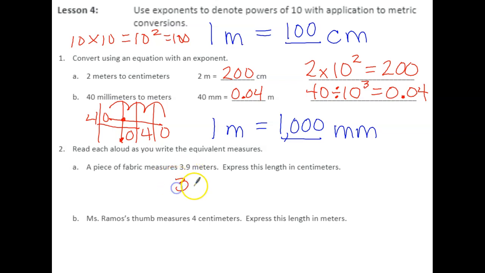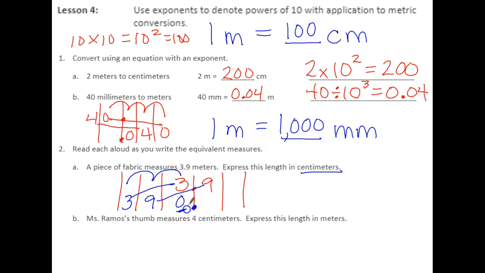Let's go ahead and write it on the place value chart. So we had to multiply by 100. We know that 3 times 10 times 10 is going to be 300. And then we say, well, 9 tenths times 10 times 10 is 90. So we know it's going to be 390 centimeters.